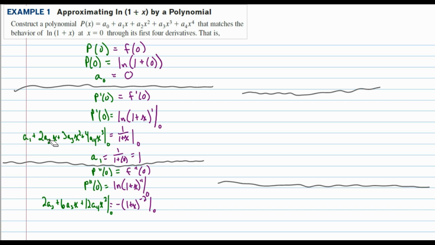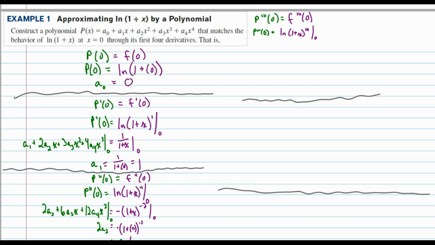The derivative of 2a sub 2 x is just going to be 2a sub 2. Now I have 3 times 2 times a sub 3 x to the first, and then 4 times 3 times a sub 4 x squared. Plug in 0 to both of those, and I get that a sub 2 equals negative 1. So the a sub 2 coefficient is going to be negative 1.